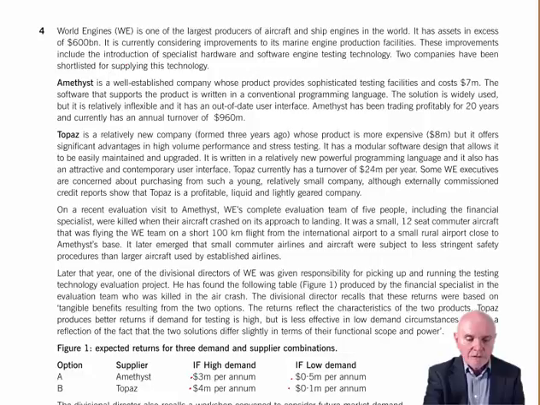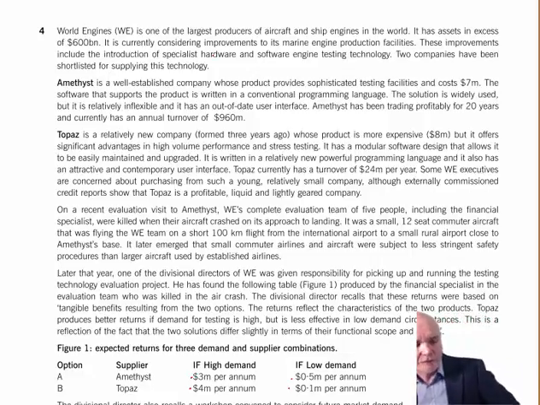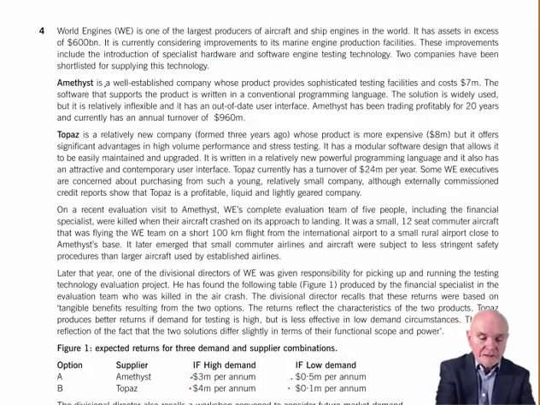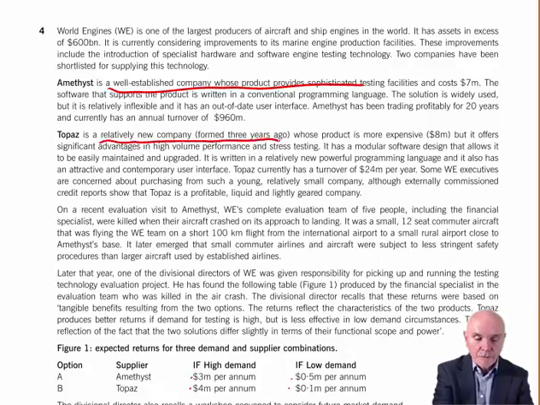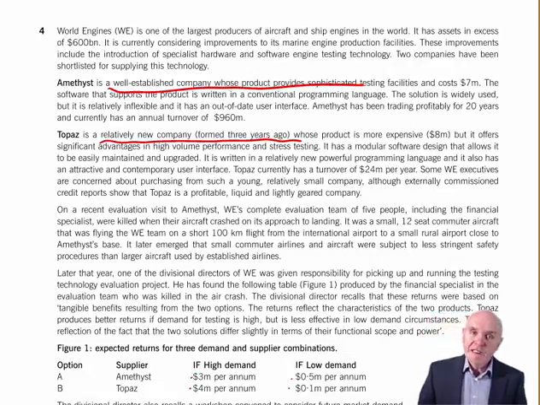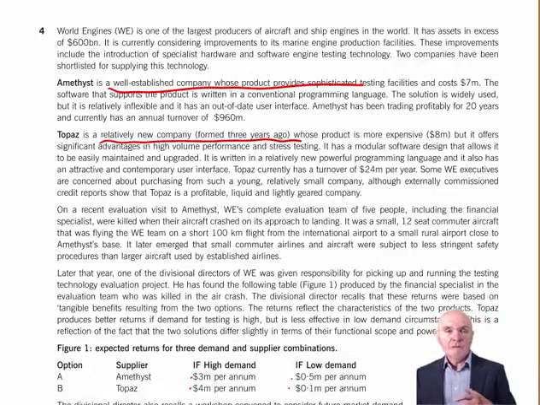These improvements include the introduction of specialist hardware and software. 2 companies have been shortlisted. Amethyst, a well-established company, and Topaz, a relatively new company, formed 3 years ago. Okay, that's something we haven't really taken into account. The richness of experience, the stability of the companies.